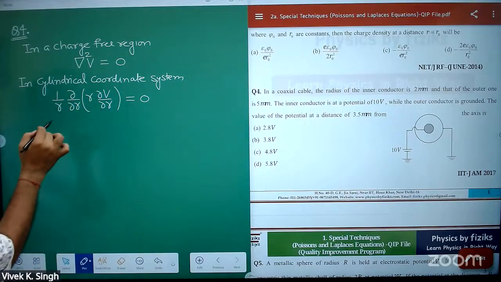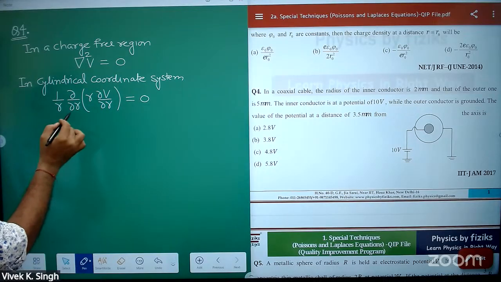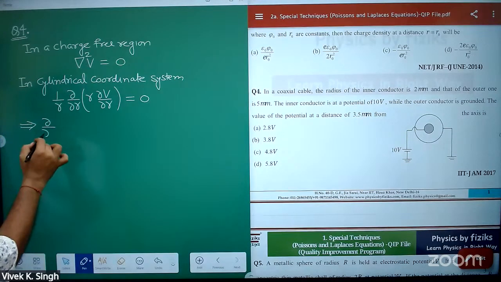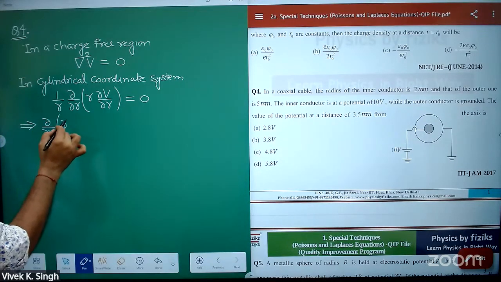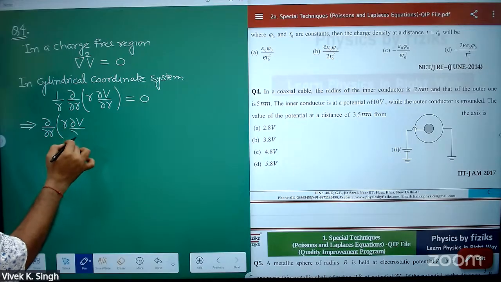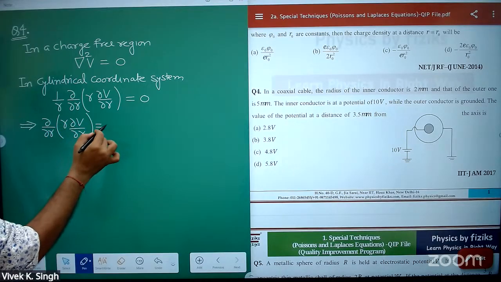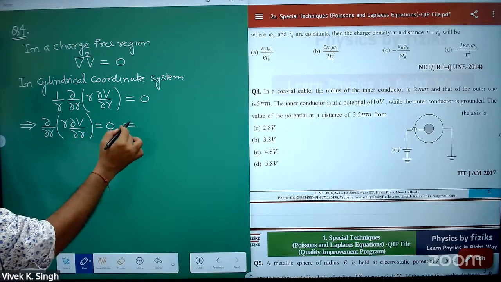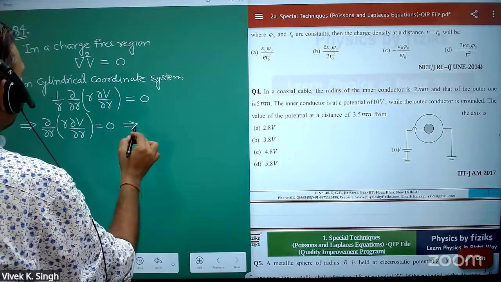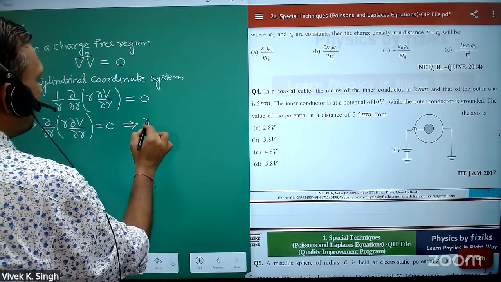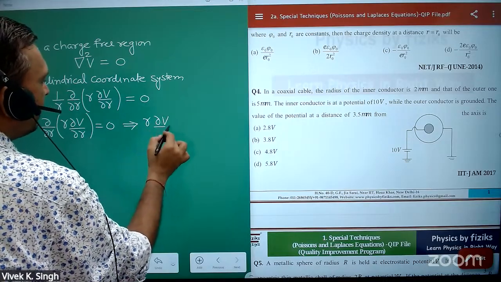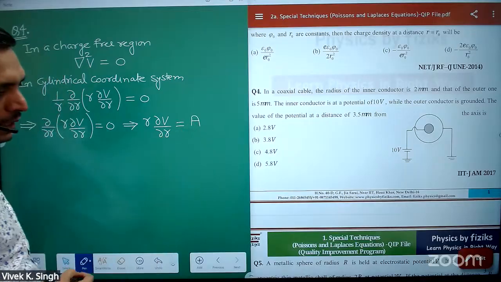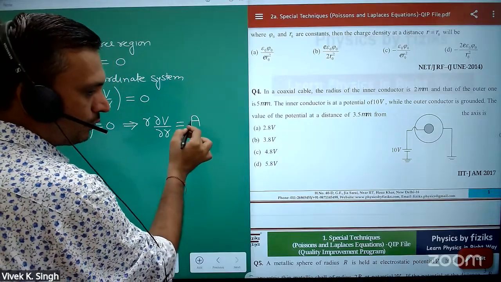So how to solve this equation? This will give you del by del R of R del V by del R is equal to 0. If you integrate it, R del V by del R will be some constant A. I am taking A to be the constant of integration.